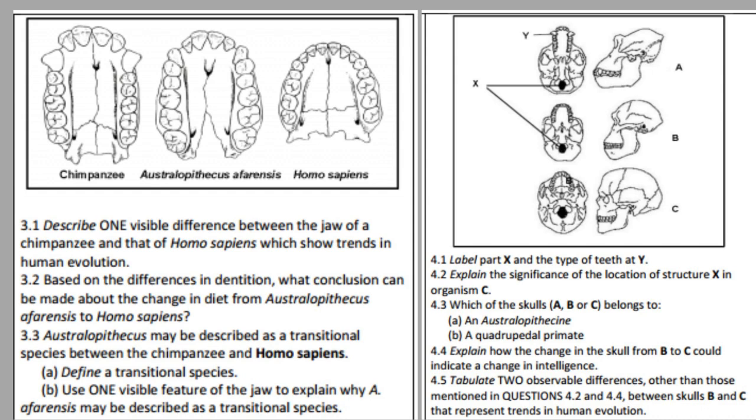A. Define a transitional species. B. Use one visible feature of the jaw to explain why A. afarensis may be described as a transitional species.